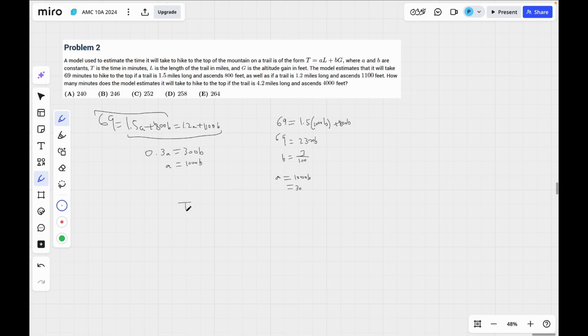Now let's solve for T. So we'll plug the constants in. So we get T equals 246, so our answer will be B.